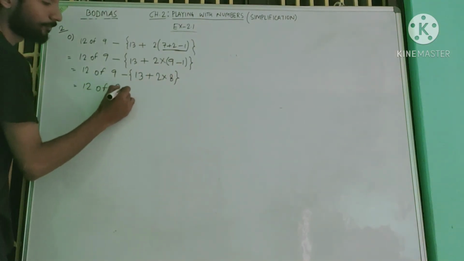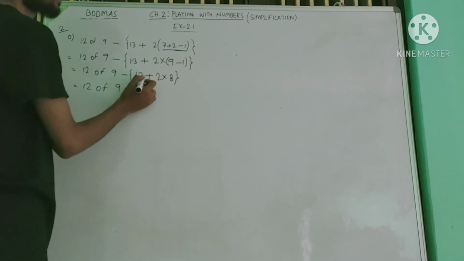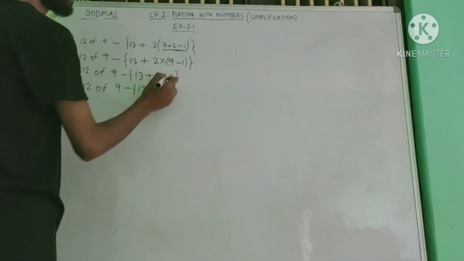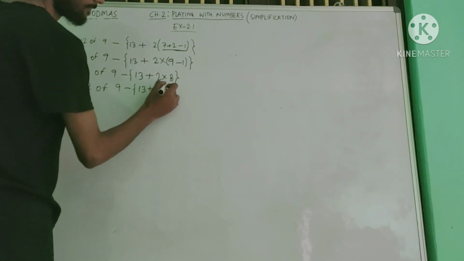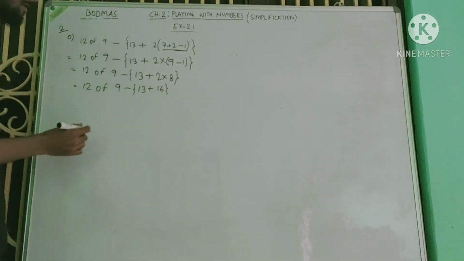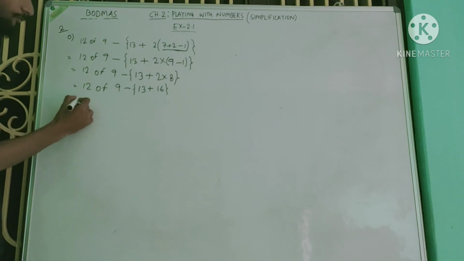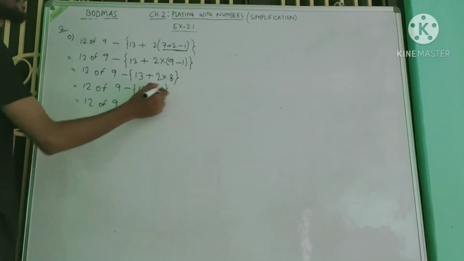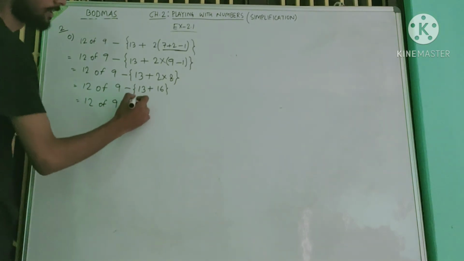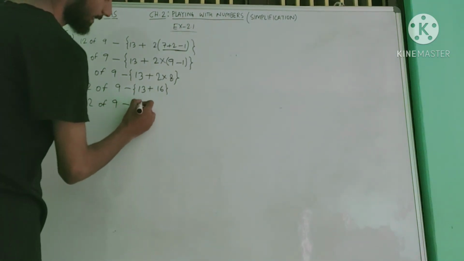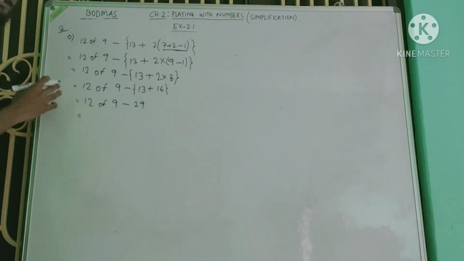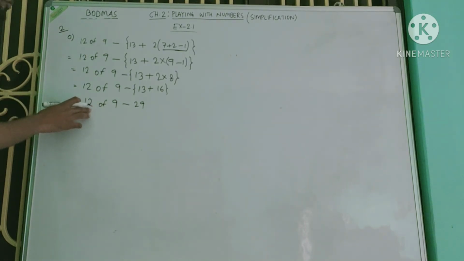Now 12 of 9 minus 13 plus 2 is 16. Now for the second bracket we are doing minus 13 plus 16, which is 29. Now we can solve for of. Of is just a multiplication.